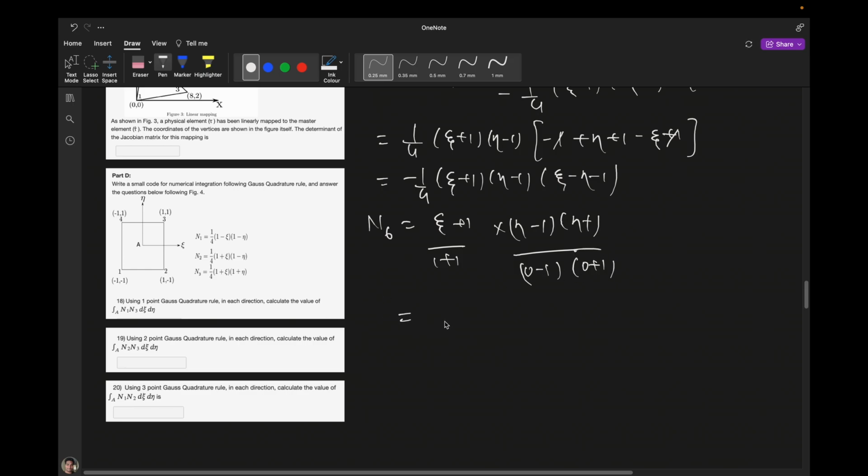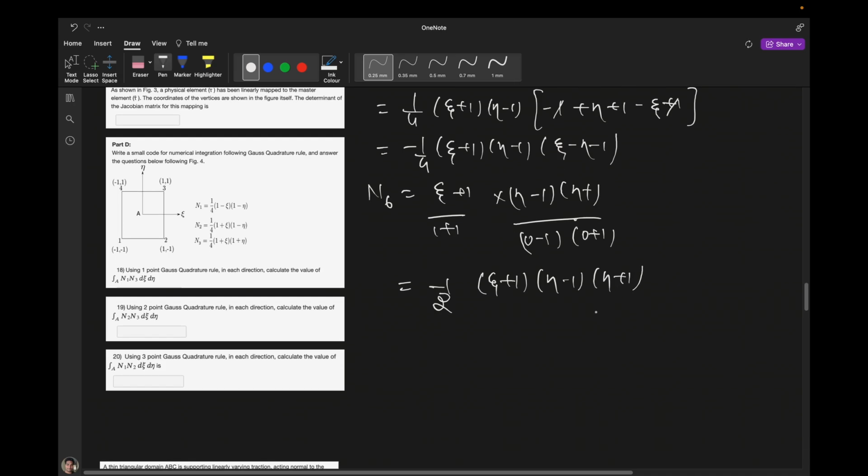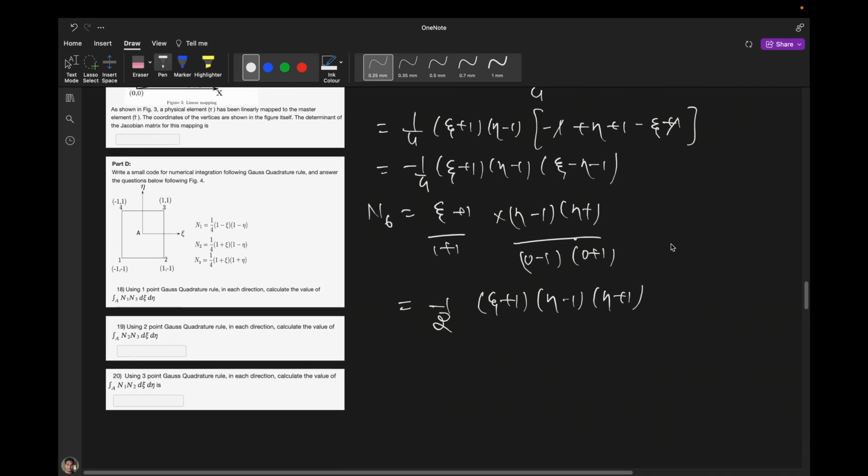So it will be minus 1 by 2 xi plus 1 eta minus 1 and eta plus 1. So what will be the correct answer? Correct answer will be D.